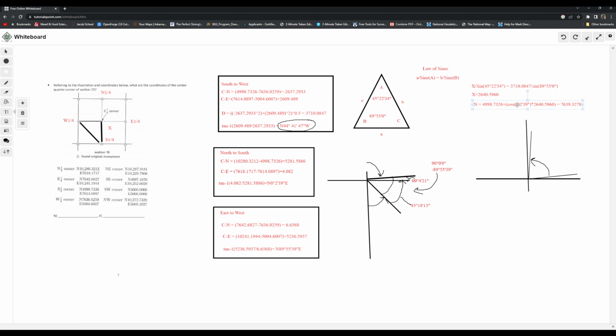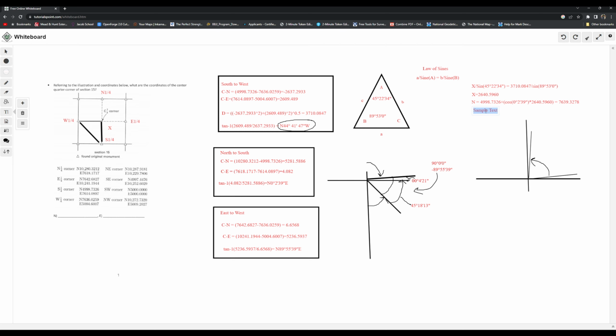So I trust that it isn't way more north, but let's also look at the east quarter corner and the west quarter corner. So the west corner is 7636, and the east quarter corner is 7642. So that's also in between there. So we're also in line for the intersection. So now that makes sense.